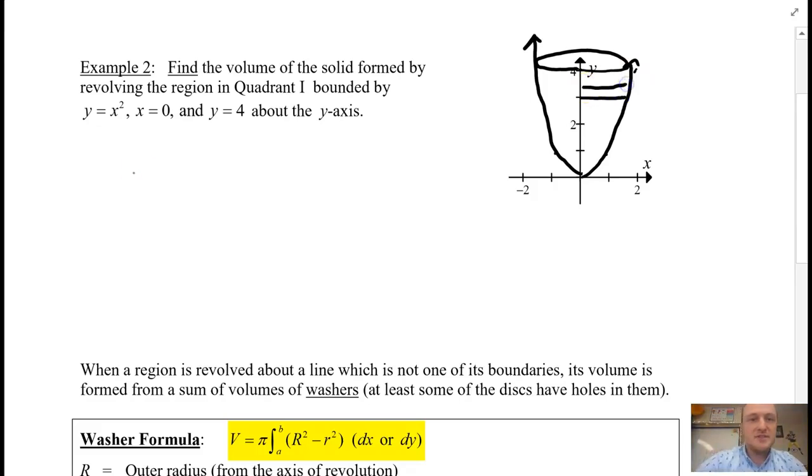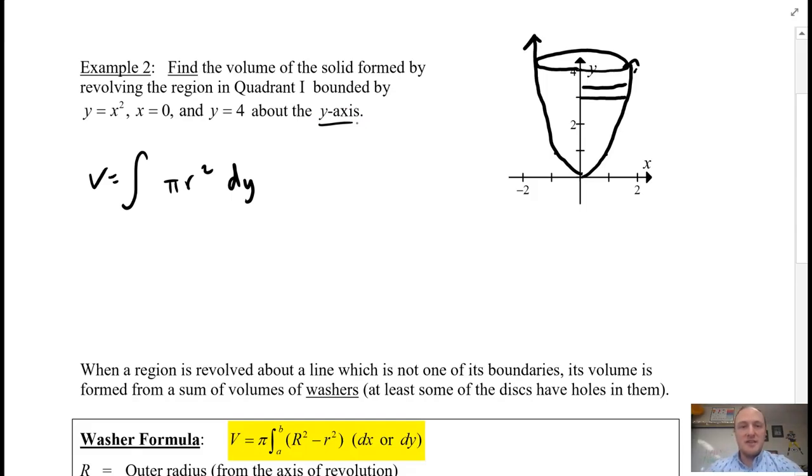So I know that this integral is going to be with respect to y. My cross section or my rotation is still a disk, so that formula is going to be pi r squared, dy, and since I am rotating about the y-axis, my bounds need to be in terms of y.